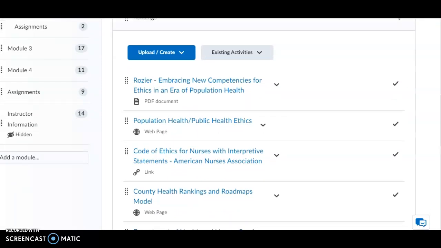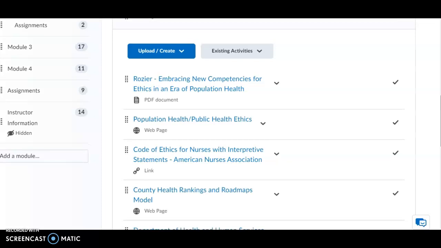This resource will provide you information, context, how health is experienced, and factors that impact health outcomes. Very often, we consider health behavior, clinical care, but we know that there are other factors to consider relative to health as well.